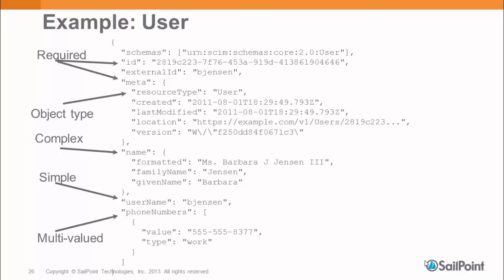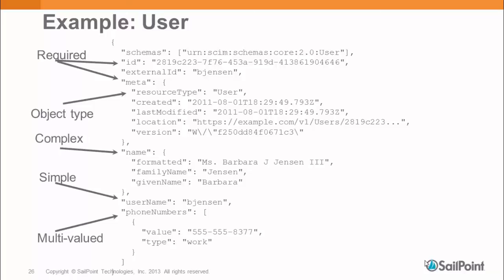That's an optional feature. There's complex attributes, so you can have sort of a bag of attributes stuffed together, like the name there. There's a number of sub-attributes underneath name. Simple attributes, username is just a string. Barbara B. Jensen is just a string. And then multi-valued attributes as well. This multi-valued attribute has multiple values.